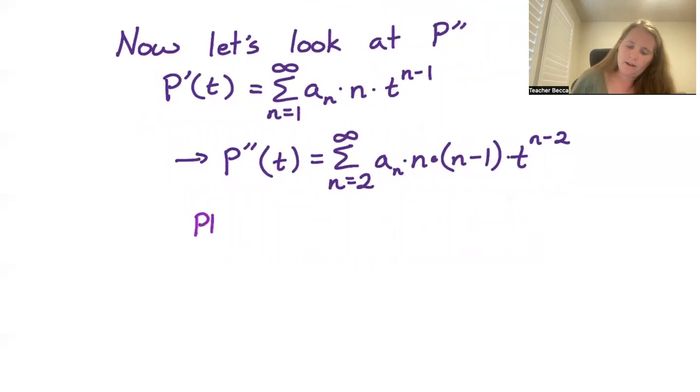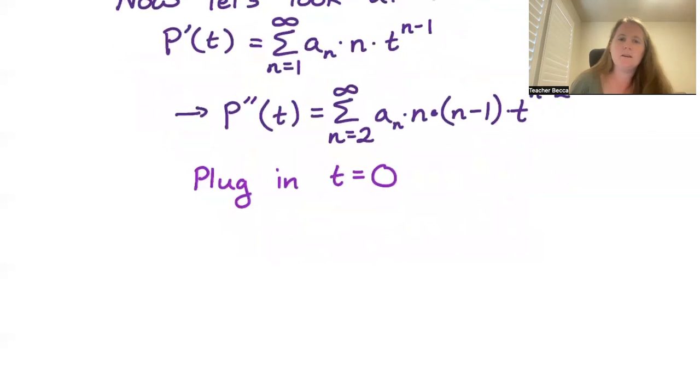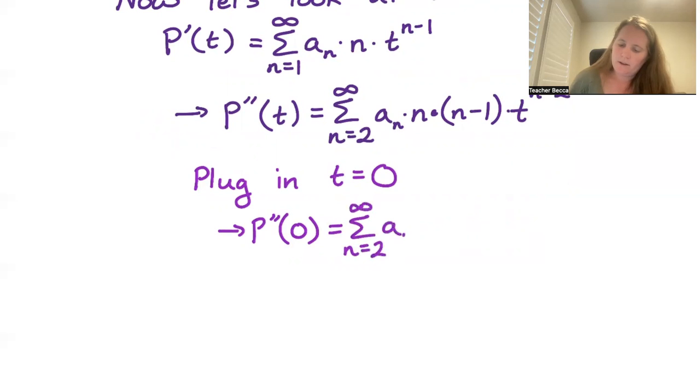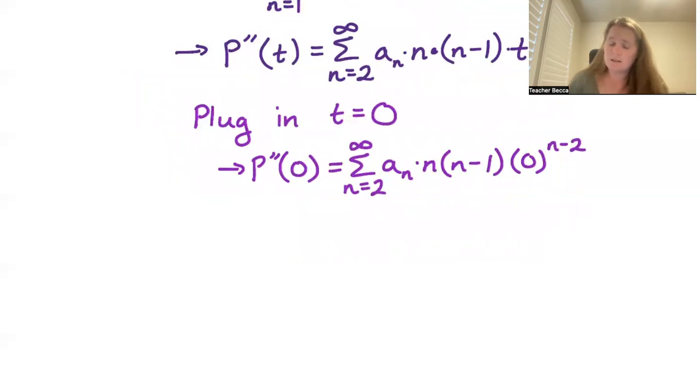Once again, let's go ahead and plug in t equals 0. We get that the second derivative evaluated at 0 is equal to the sum from n equals 2 to infinity of a sub n times n minus 1 times 0 raised to the n minus 2. If we think of this again as our infinite polynomial, we have a sub 2 times 1 for our constant term.